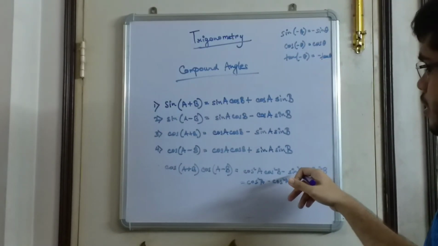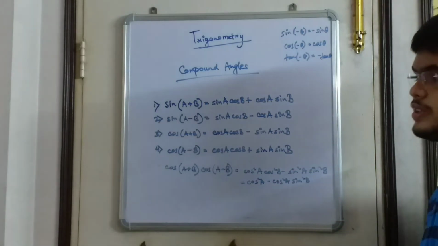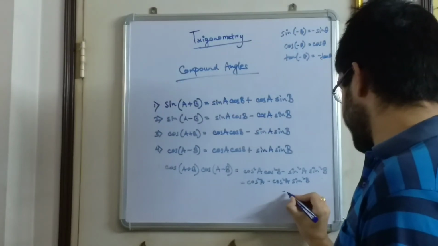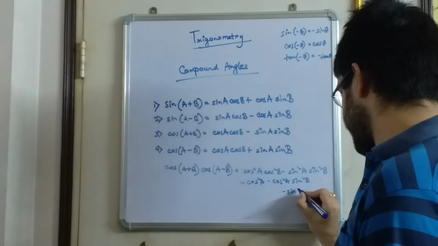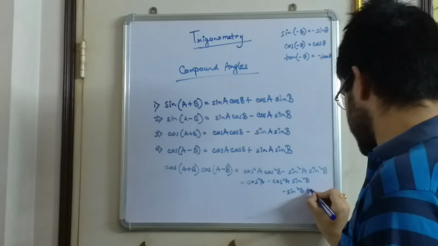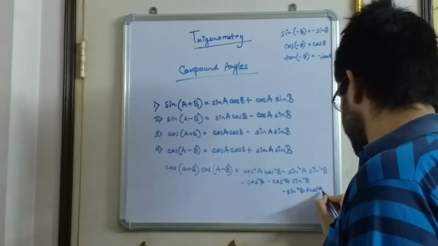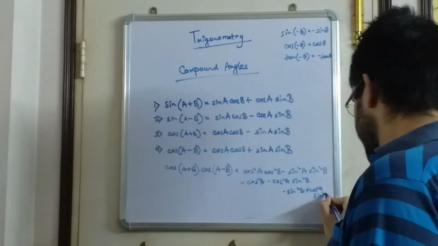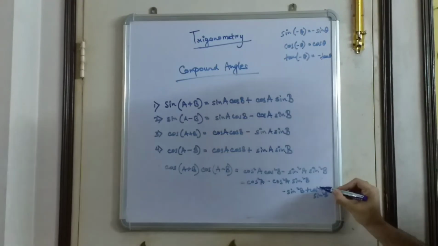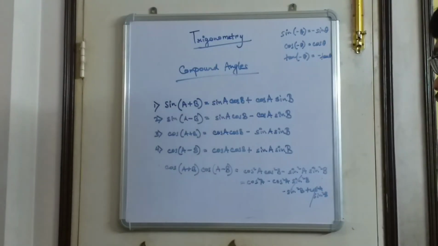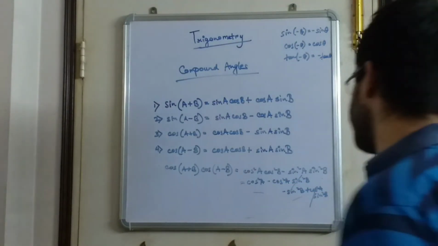So we will substitute sine squared a as 1 minus cos squared a, and that will give us minus sine squared b plus cos square a sin square b. So cos square a sin square b gets cancelled, and what remains is cos square a minus sin square b.